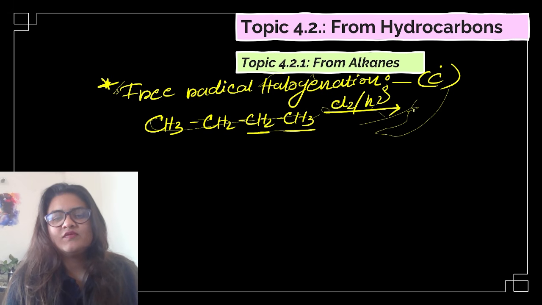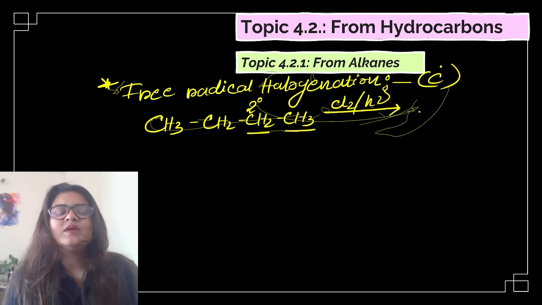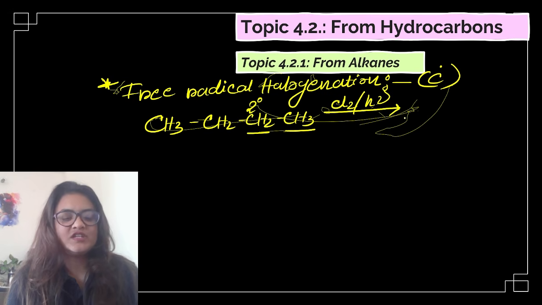For the middle carbon, it is a 2 degree carbon, so this is comparatively stable. It will give you a 2 degree radical, so that is the stable one, and hence the chlorine radical will be attached over there, and that will be the major product.